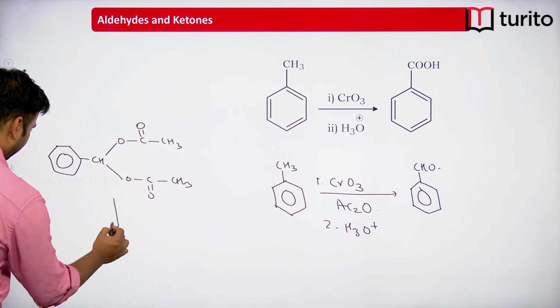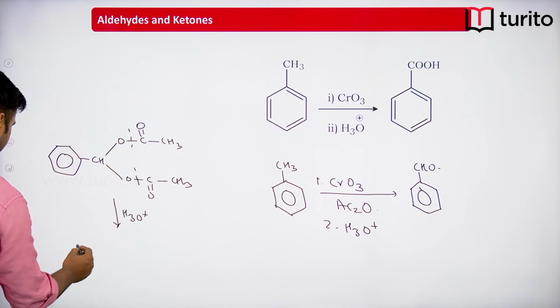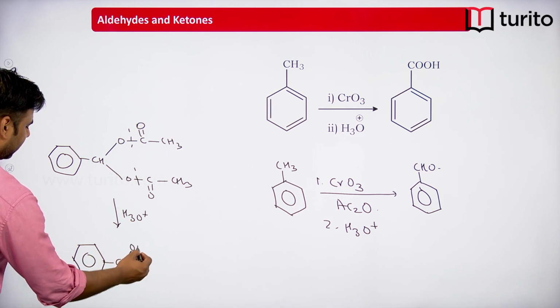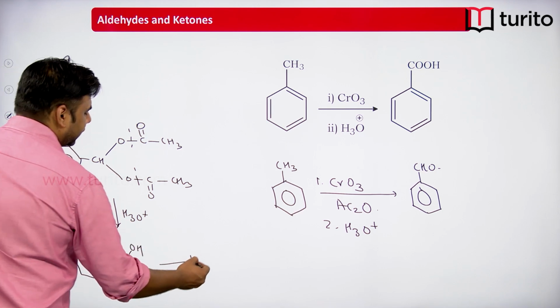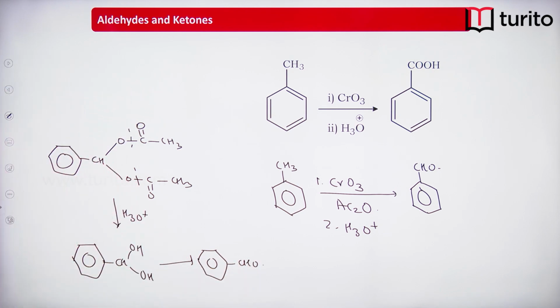Now this ester upon hydrolysis, we know that an ester will give us alcohol, so it forms a geminal diol, which loses water to form a benzaldehyde molecule. So once you have taken toluene, add CrO3 in the presence of acetic anhydride and just hydrolyze it, we get a molecule of benzaldehyde.